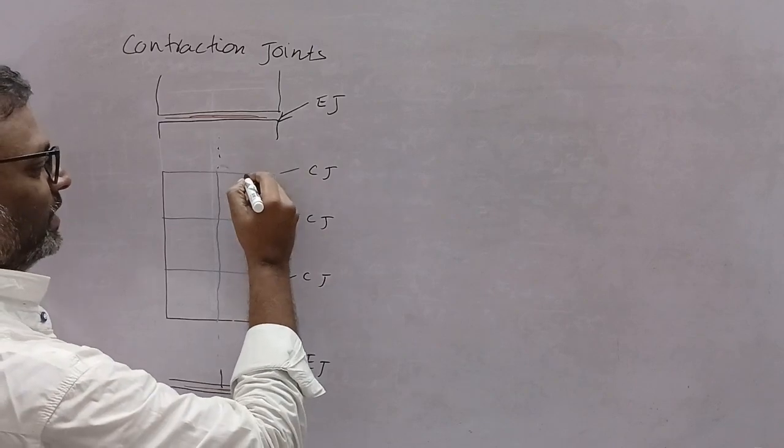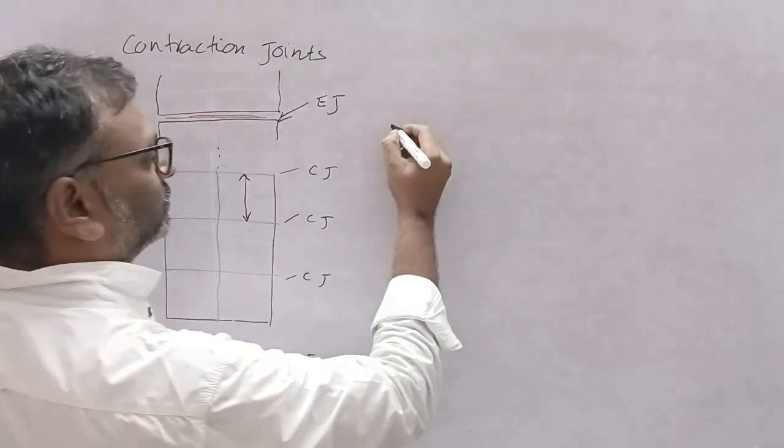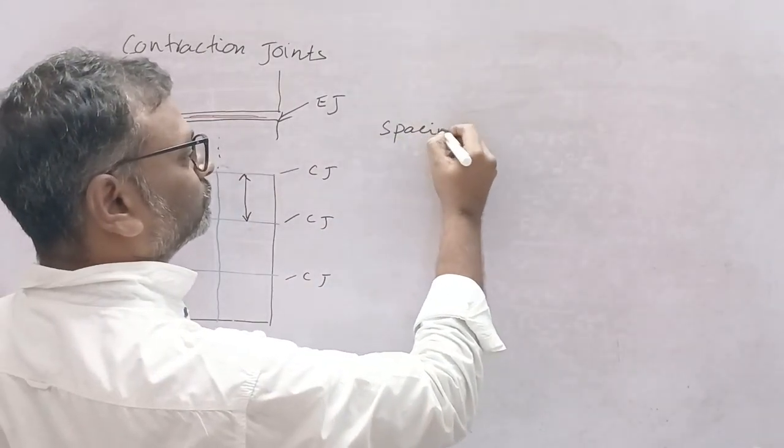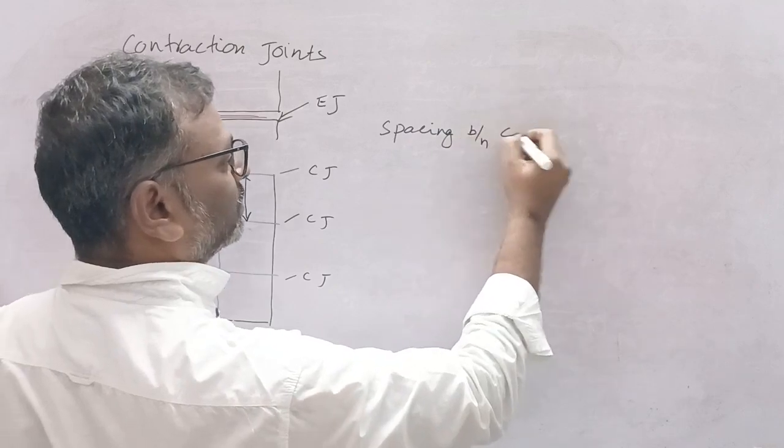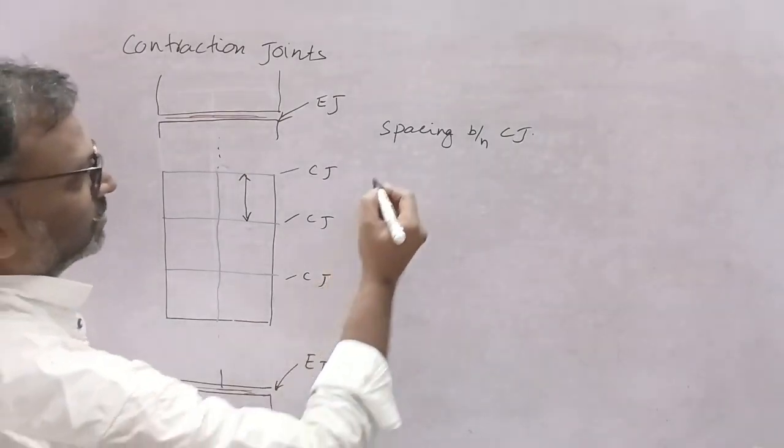Now how to determine the length between these contraction joints, that is spacing between contraction joints and spacing between expansion joints.